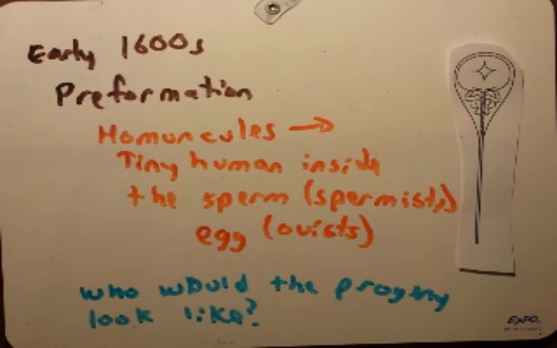Well, we know this isn't true. We can look at our own families and see that, yeah, some of our traits look like mom, some of them look like dad, some of them look like a great-great-grandfather, great-great-grandmother, right? There's no necessary male or female side that we resemble more closely.